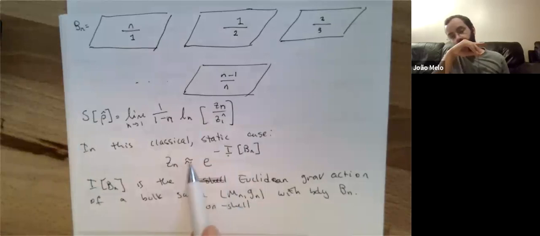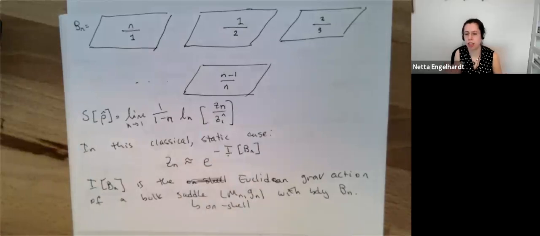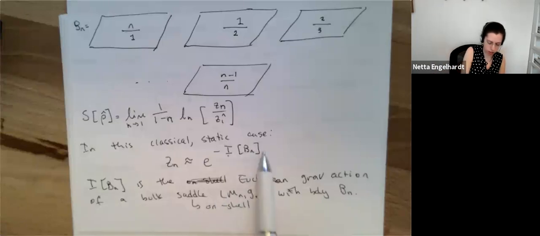The gravitational quantity would be Z_AdS, except we're working in a classical static approximation, which allows us, instead of having to evaluate this gravitational path integral over all possible configurations, including off-shell contributions and so on, to just make a saddle point approximation, which is where this comes from.